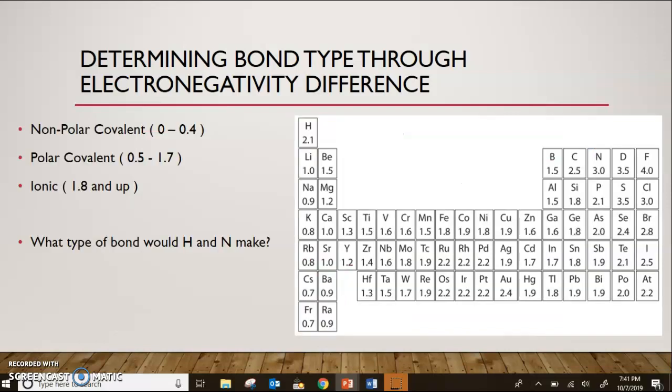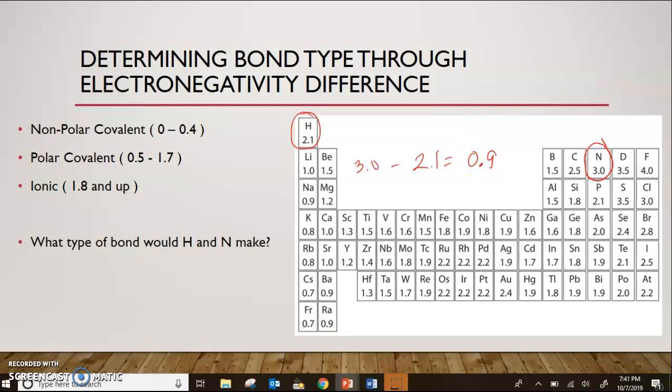Alright, so let's do an example. What type of bond would hydrogen and nitrogen make? So I come here, I find hydrogen, that's a 2.1. Nitrogen is a 3.0. Super easy. I just do 3.0 minus 2.1, and I get 0.9.